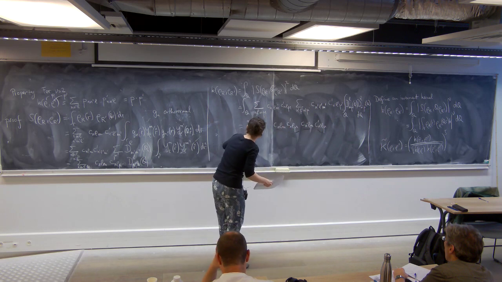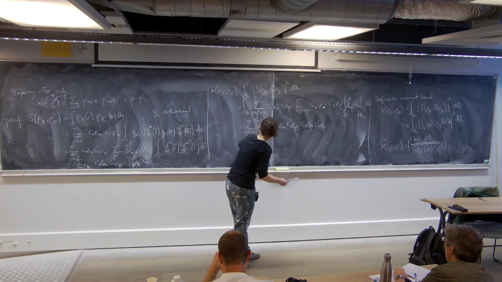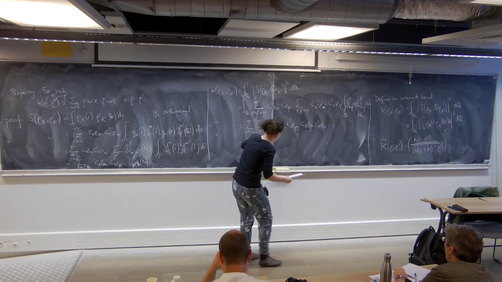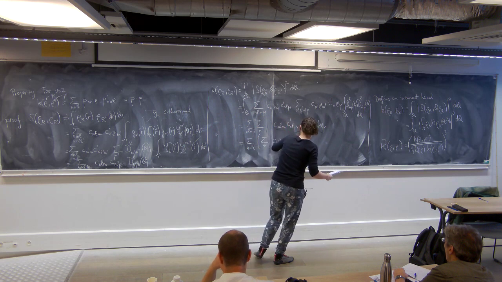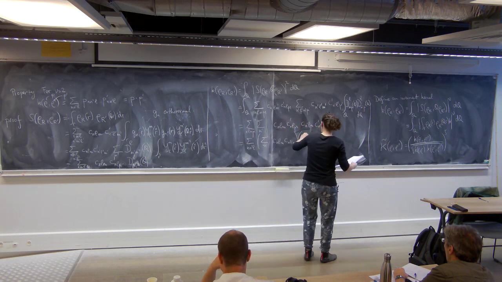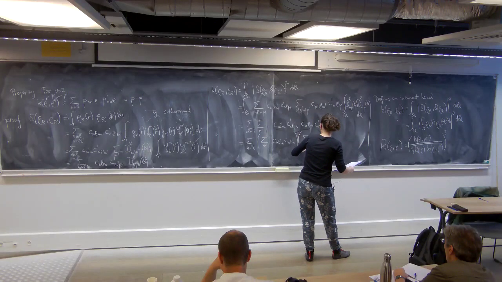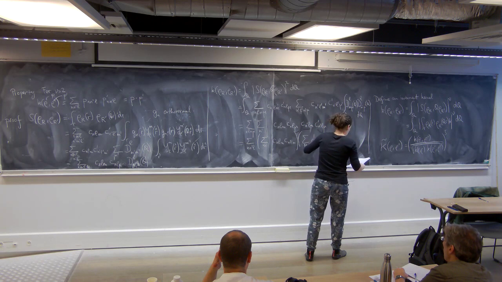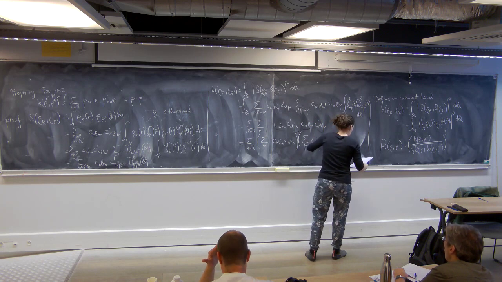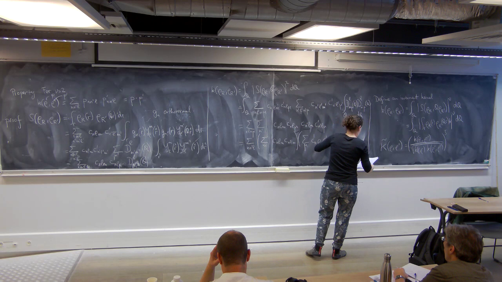This gives me the sum over n prime and l of the sum over m of C n l m, C n prime l m, times the sum over mu of C prime n l mu, C prime n prime l mu.